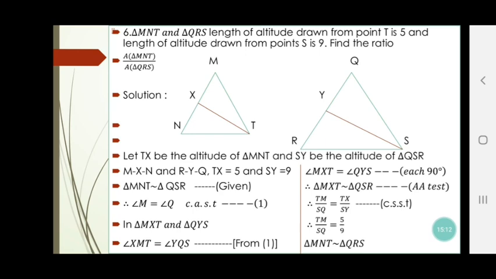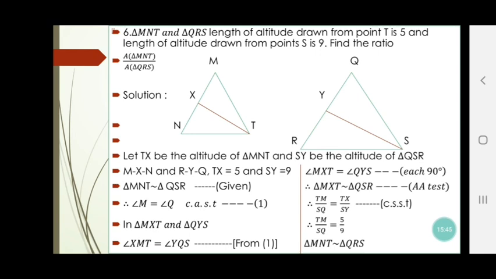Okay, as they are similar, their side ratios will be in proportion. So TM upon QS is equal to Tx upon Sy, right? So here substituting the values, TM upon SQ will be equal to 5 by 9. Now triangle MNT is similar to triangle QRS.